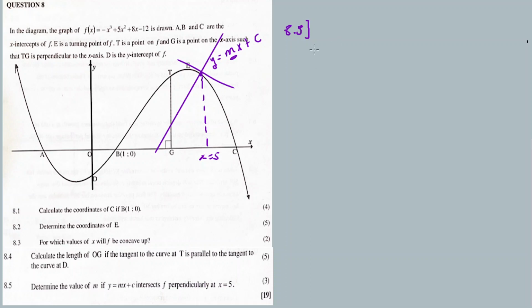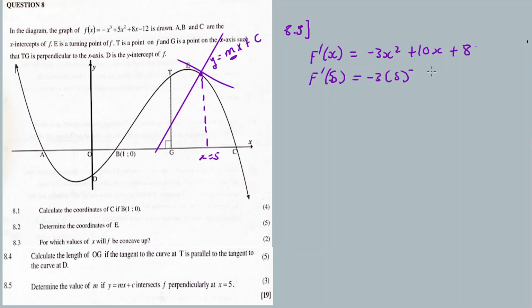So the first thing is we want the gradient of the curve at this point x equal to 5. f prime x is equal to negative 3x squared plus 10x plus 8, right? I substitute 5 so that I can find the gradient at this point x equal to 5.